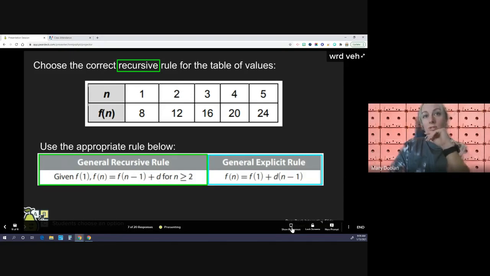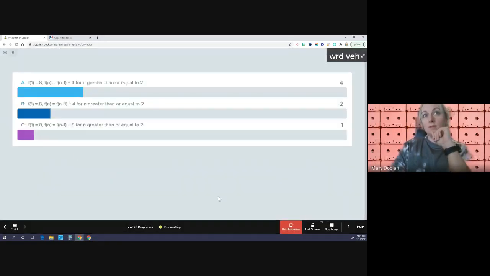Okay, we're so close on time. F of 1 equals 8. F of n equals f of n minus 1 plus 4. It's A. A is the correct answer.